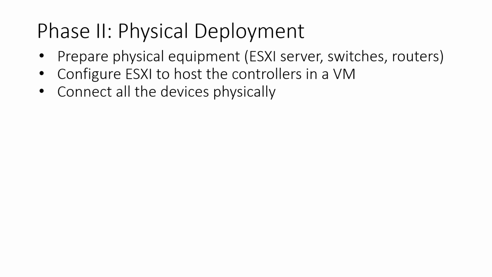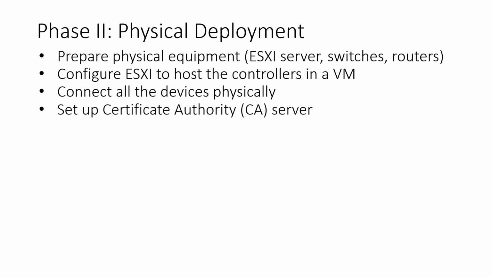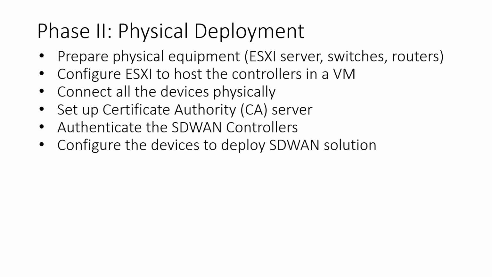Step 3, connect all the devices physically. Step 4, set up a certificate authority server. Step 5, authenticate the SD-WAN controllers. And step 6, configure the devices to deploy the SD-WAN solution.